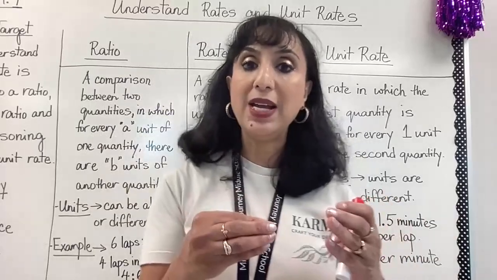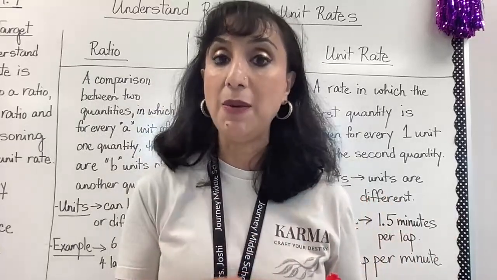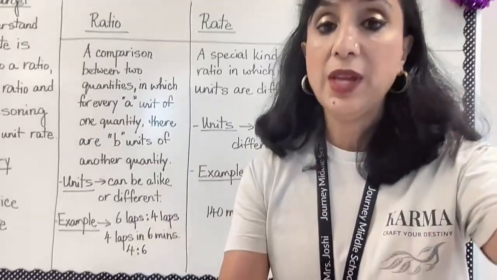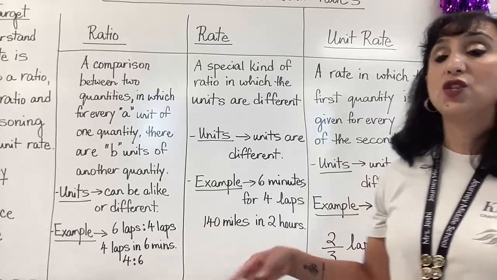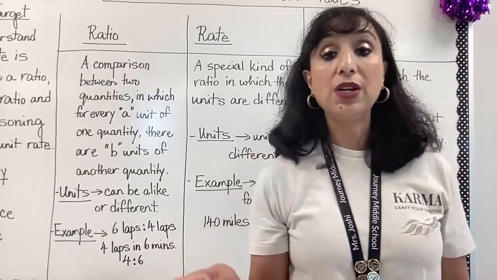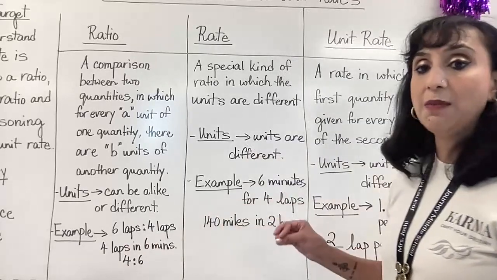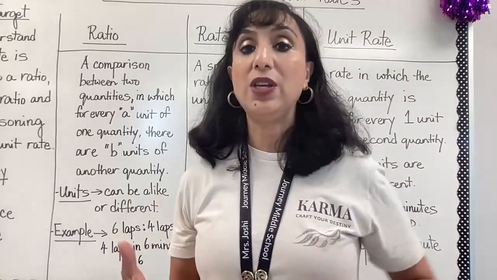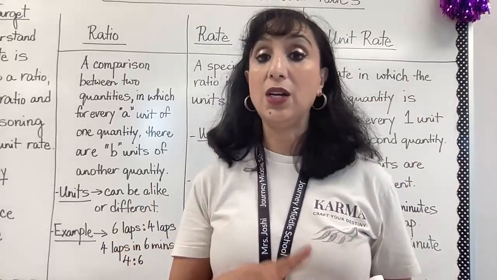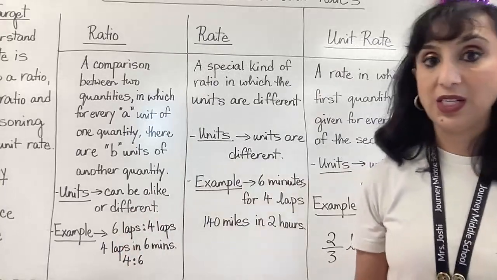So that per minute is what I'm talking about. Your denominator will be 1. If I convert this rate over here, 140 miles in 2 hours, to a unit rate, it would become 70 miles in 1 hour. So that's basically what the unit rate is, per unit of the second quantity, okay?